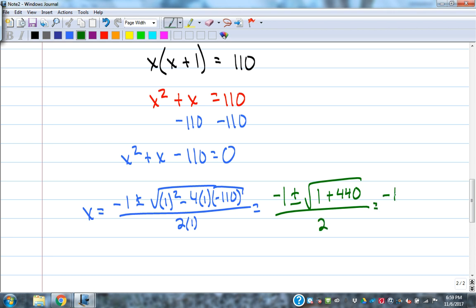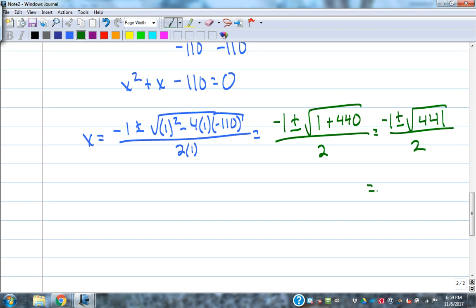And something tells me that 441 has a nice square root. So I would check that with the calculator. The square root of 441. I hope it's 21. Is that correct? It did.